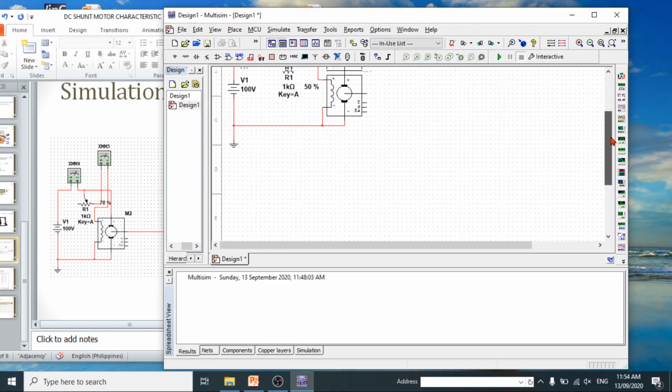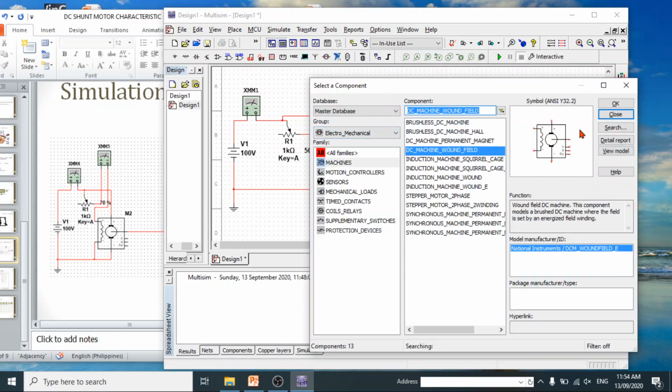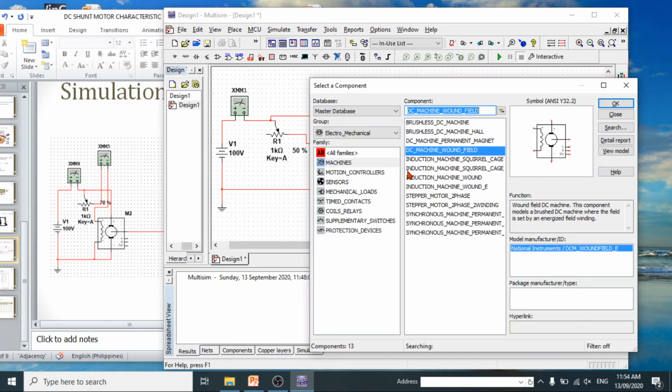And then for the generator. For the DC generator, again, we need the place electromechanical DC wound field. Click OK, and then place it beside the DC motor.